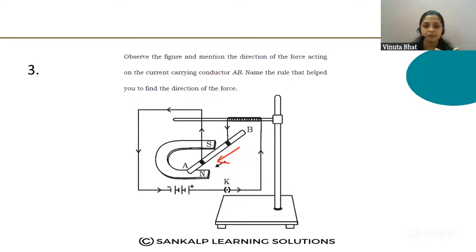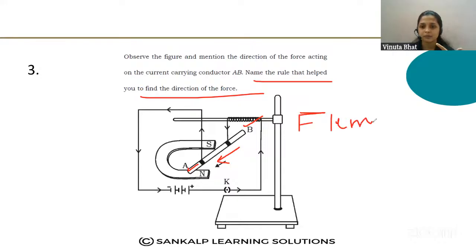Here, we know the direction of the current from B to A. So the rule that helps find the direction of the force here is Fleming's left hand rule.